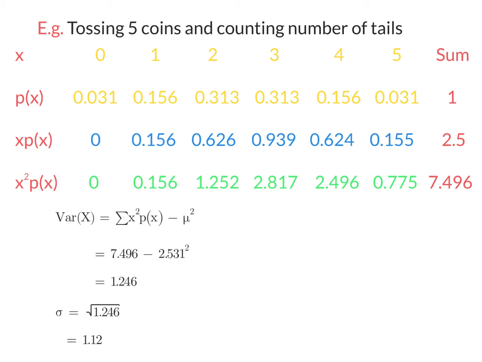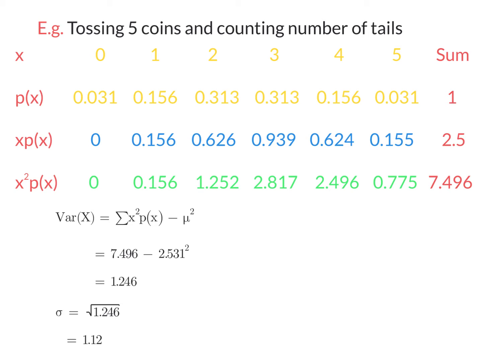In a previous video, we looked at when you toss 5 coins and count the number of tails. In those, we had the probabilities as fractions. To help us with our experiment, our sampling, I've changed them to decimals, but it's the same concept.